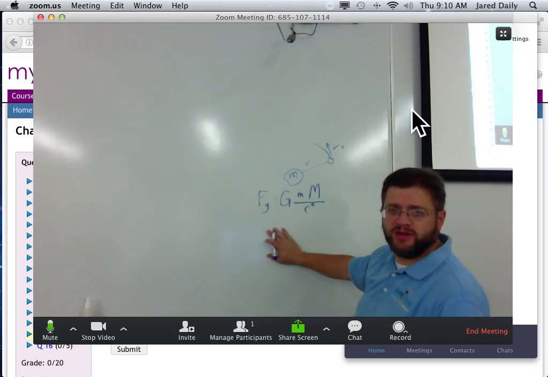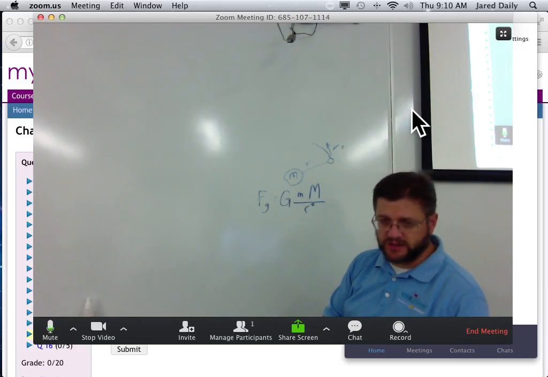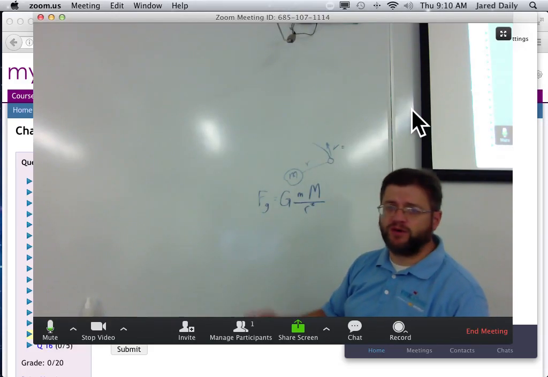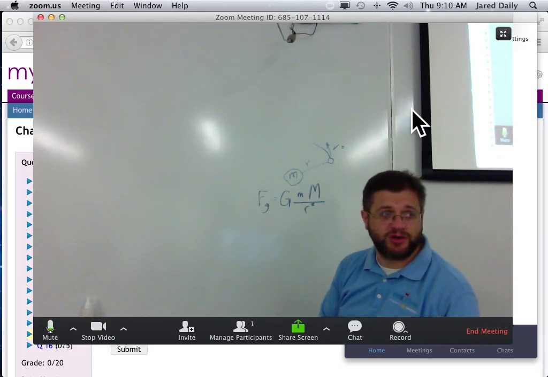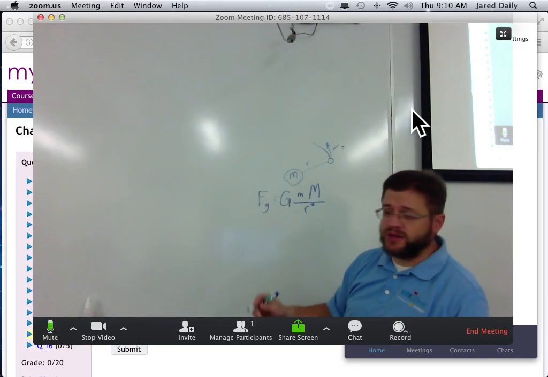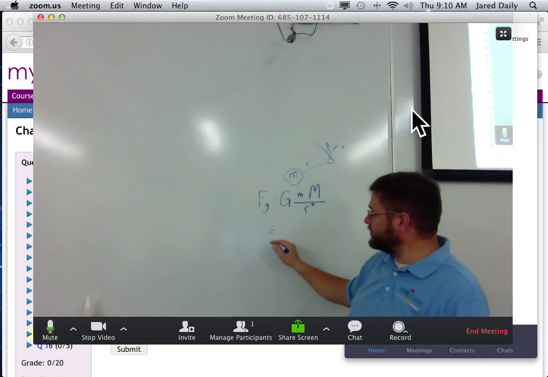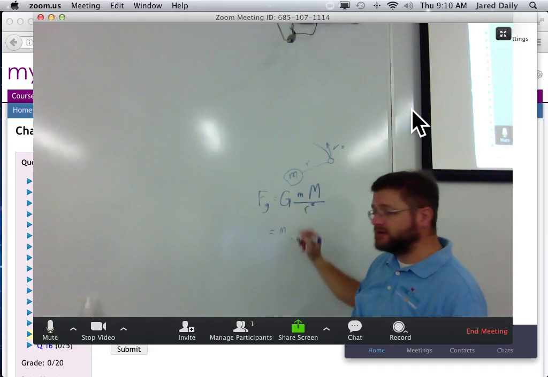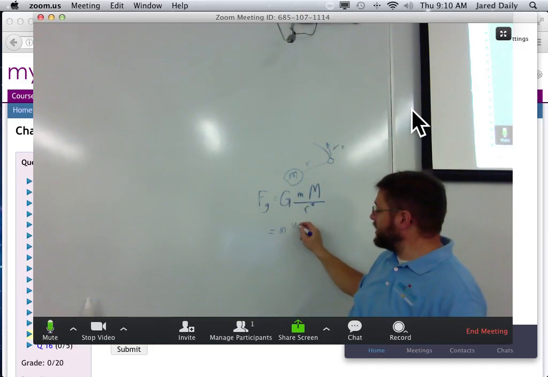So this is one way to calculate that force between these two objects. But the force that's holding this thing in orbit is also a centripetal force. So we can also say that this force is equal to the centripetal force, which would be the mass of the object that's going around, the mass of the moon, the little mass, times v squared over r.